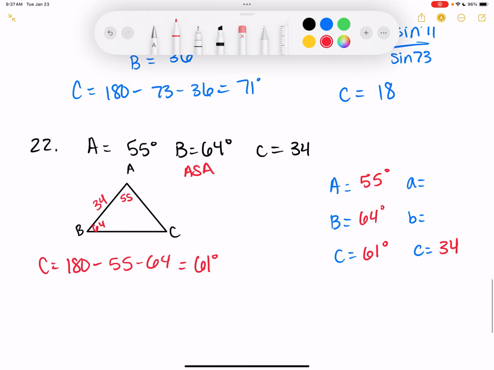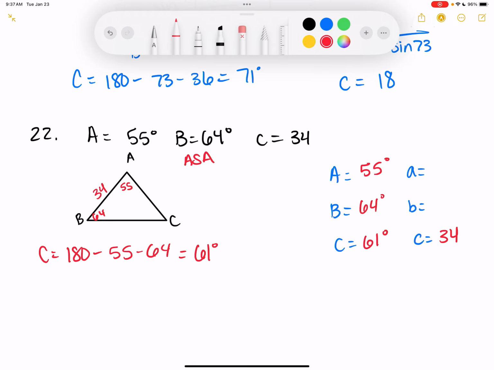So now, excuse me, we can find side A and side B. So I'll just do B first. B over the sine of 64 equals 34 over the sine of 61.